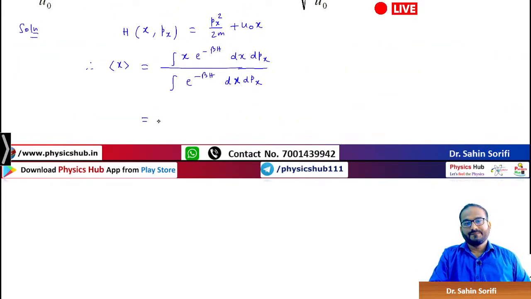So, what can you write? Integration of x e to the power minus beta H. There are two integration variables, so there will be two integrations.